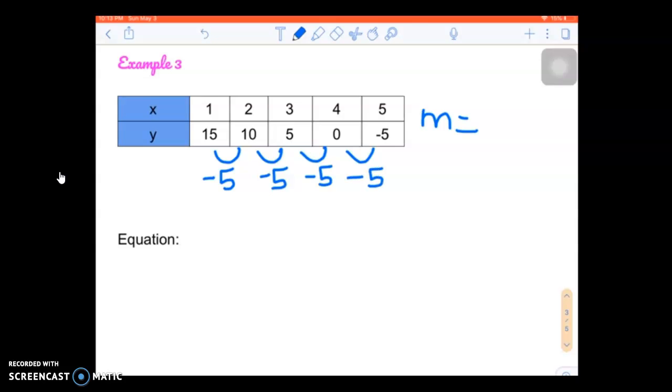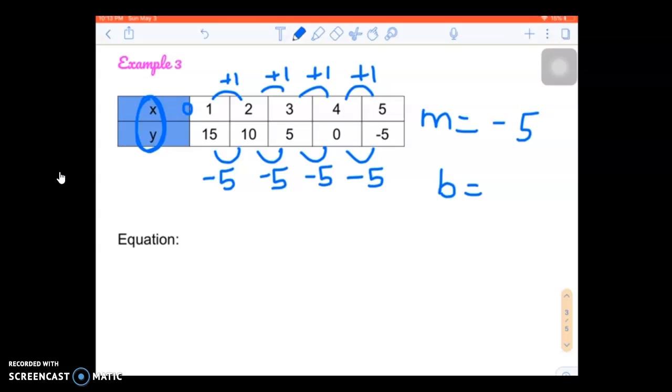And then my x-axis is changing by positive 1 each time again. So that gives me negative 5 over 1, which will just be negative 5. My y-intercept is not actually on this table because I don't see 0. I have to work the table. I have to add 0 to the table.